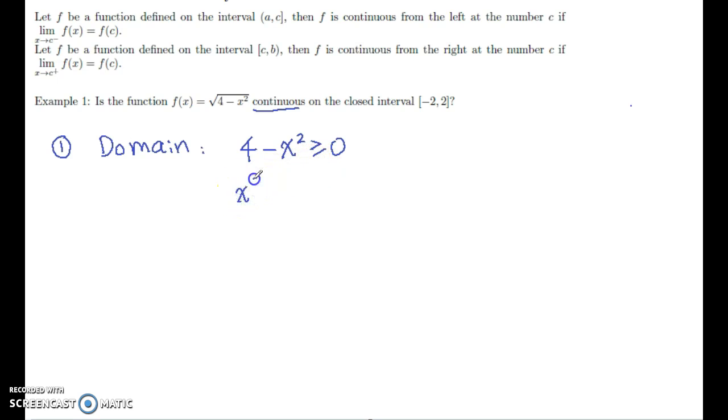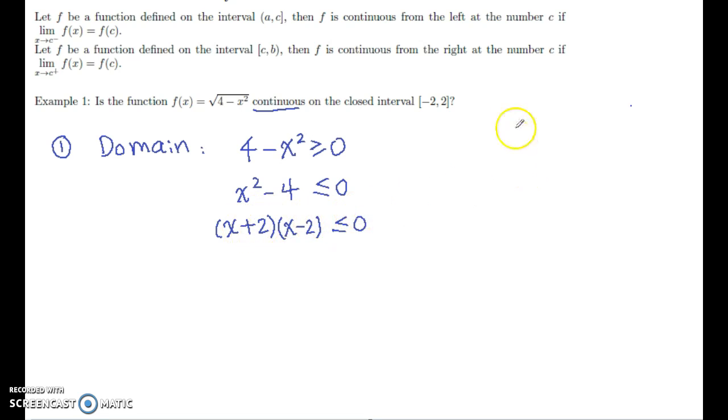We get x squared minus 4. Because we multiply by -1, we flip the sign, less than or equal to 0. We factor, and get x plus 2 times x minus 2 to be less than or equal to 0.